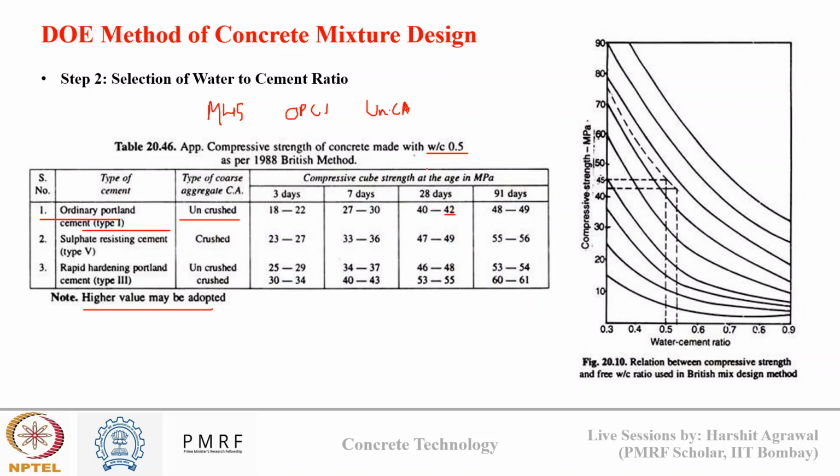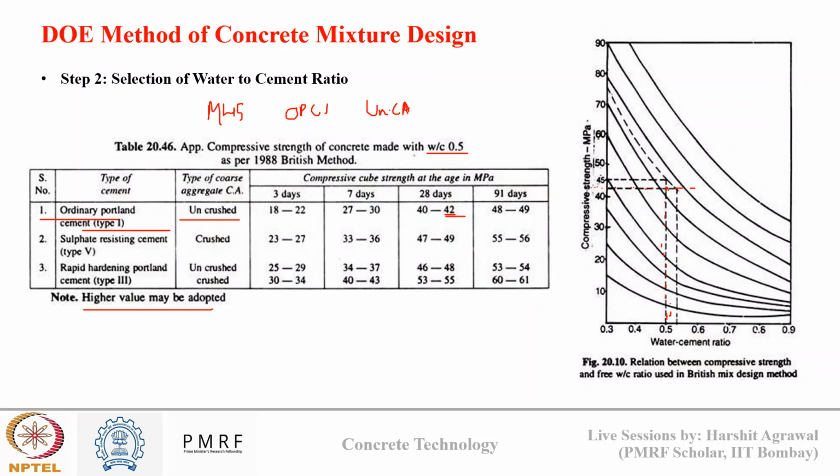So for 0.5 W by C ratio, I may get a strength of 42 MPa. Okay, now what I will do, I will draw a curve line parallel to 42 MPa, and I will see where it intersects with the line which is drawn vertical from point 0.5.